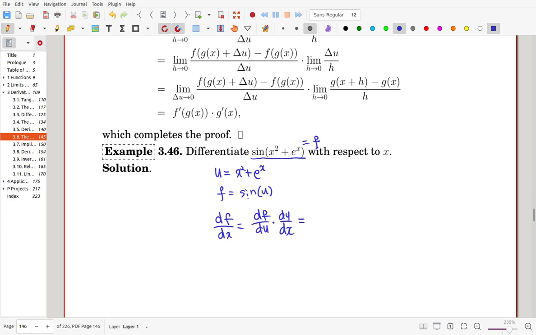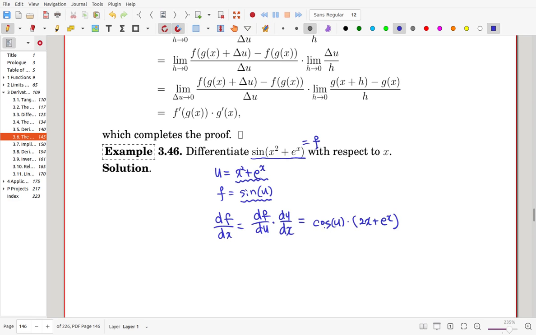Now u is the variable, so the derivative of sine is cosine u times du over dx. Now we have to get the x derivative. For x squared it becomes 2x, and e to the x remains the same.